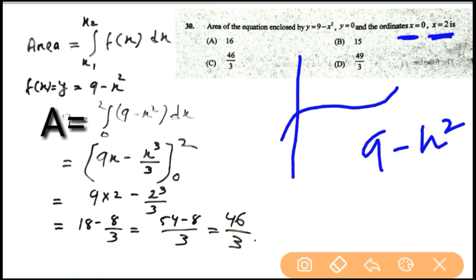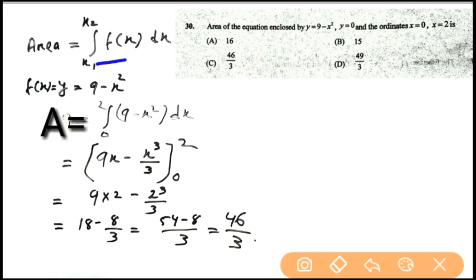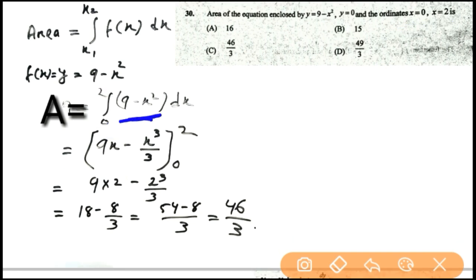So you have to find the area. So area is given by integral of f of x dx between x coordinates x1 and x2. So we have f of x equal to y equal to 9 minus x square, then area equals integration 0 to 2, x coordinates are given as 0 to 2, f of x into dx.